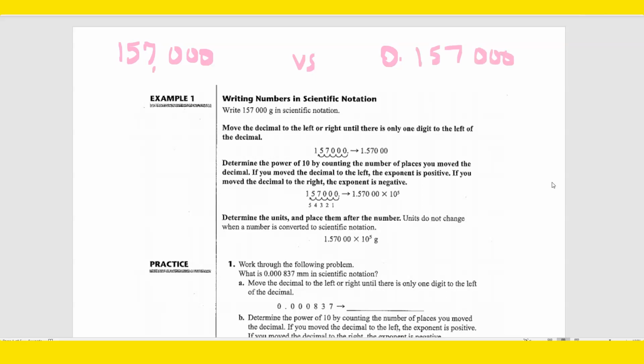Anytime you have a decimal at the very beginning of the number, followed by a zero with a decimal, followed by other numbers, this number, of course, is way smaller than the number over here on this side. So I'm going to show you all some tips and tricks that can help you get through this knowledge. Let's go ahead.